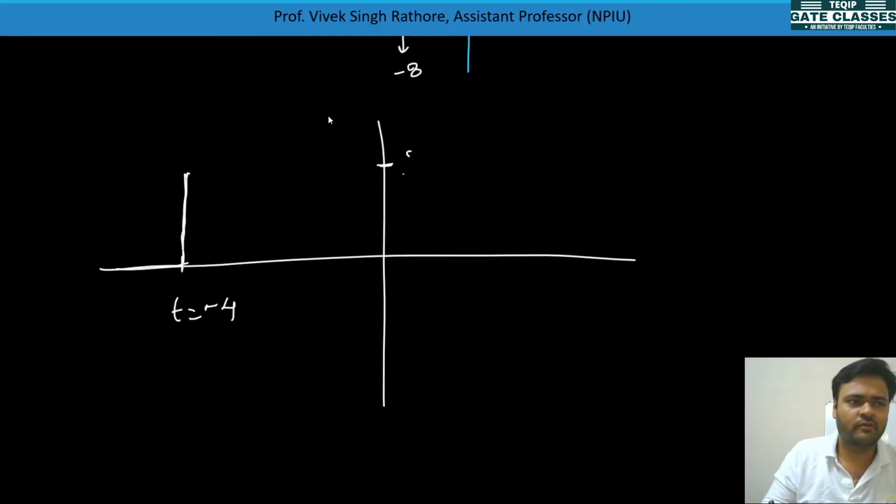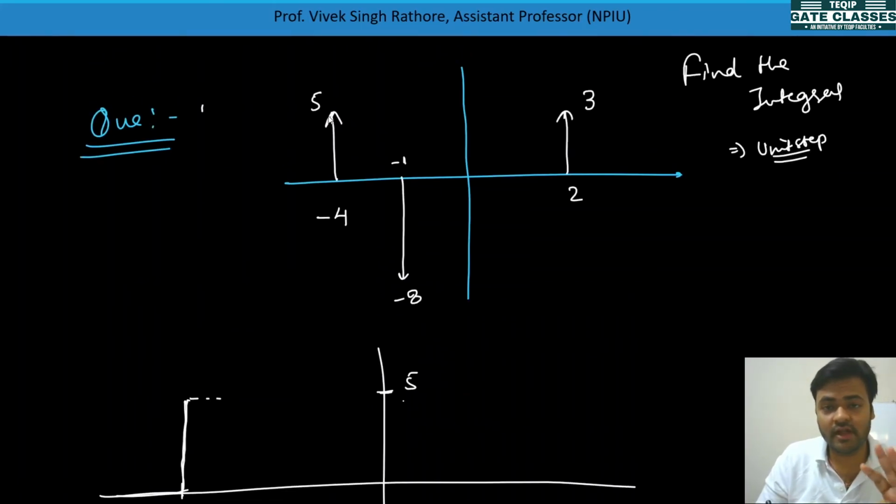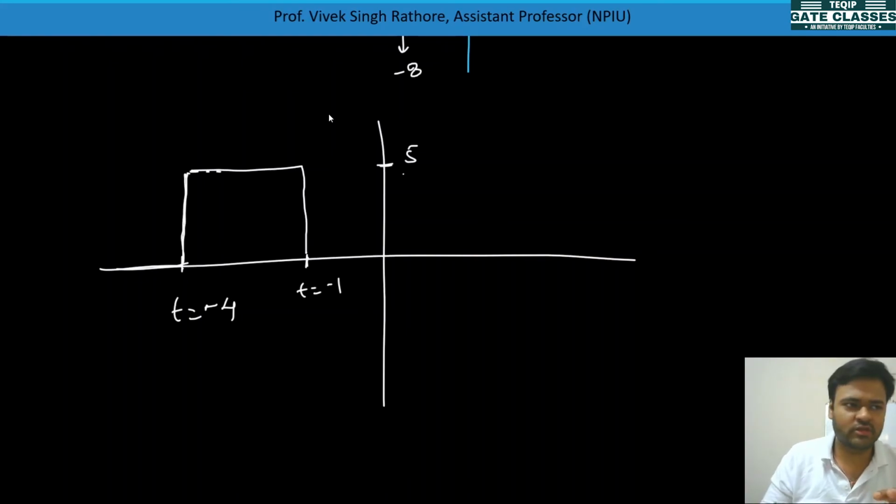This value will be 5, and this will go on and on. At t is equal to -1, there is a step change of -8, which means it will be downward by 8. Already 5 step change is in the positive direction, so overall it will be -3, and it will go on.